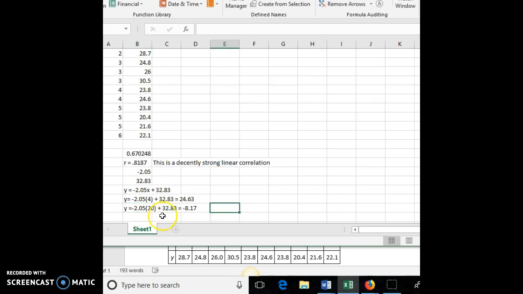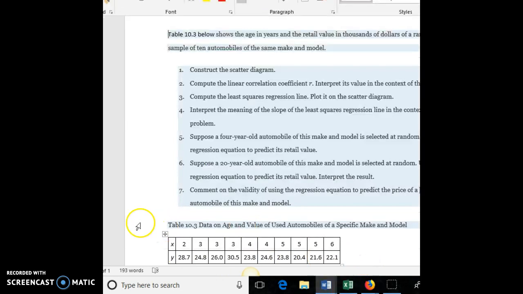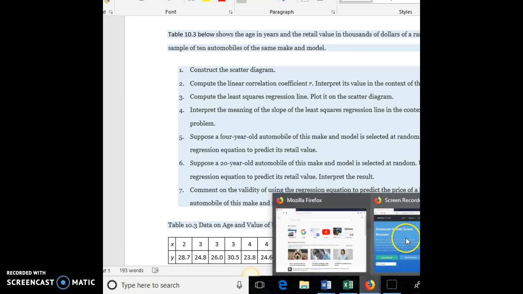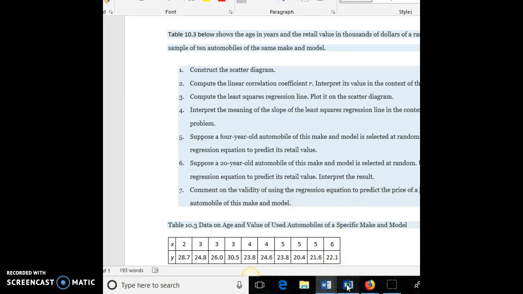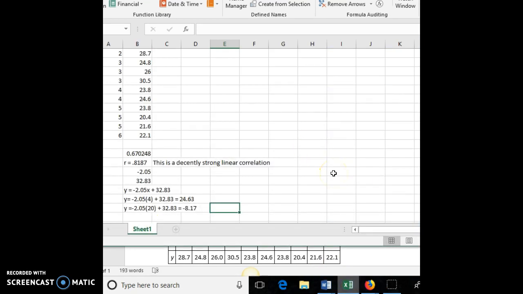However, 20 years is a long time, and let's notice that our data, if we go back to it, only includes the years 2 through 6 of this vehicle. It is a bad statistical practice to try and predict things outside of the range of the original data. So if we're trying to predict anything outside of the range of 2 to 6 years, we are really making a prediction that's not a valid one and does not give us good information.